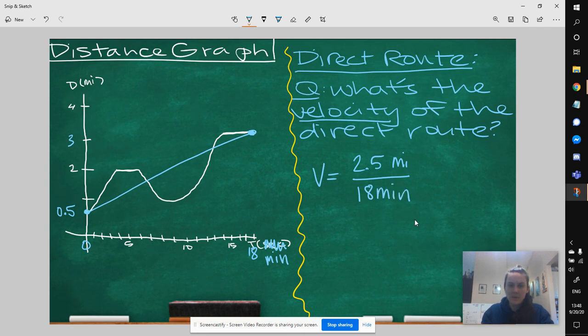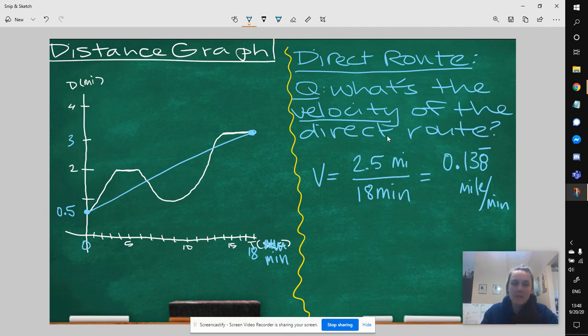Let me get my calculator out: 2.5 divided by 18. Wow, I am flying. It's 0.13 miles per minute. I'm very fast, faster than just absolutely everyone. So if we did a direct route, that would be the velocity.